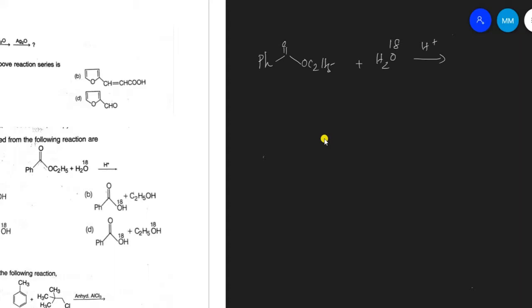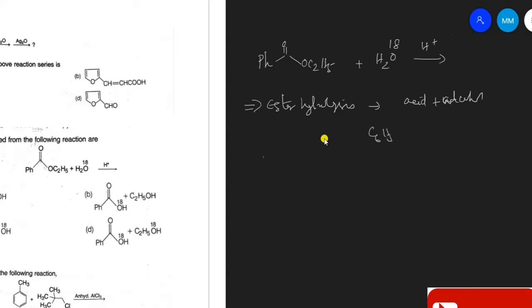It is nothing but ester hydrolysis. What is the product? Acid and alcohol. The acid you get is benzoic acid. So the products are benzoic acid and ethanol.